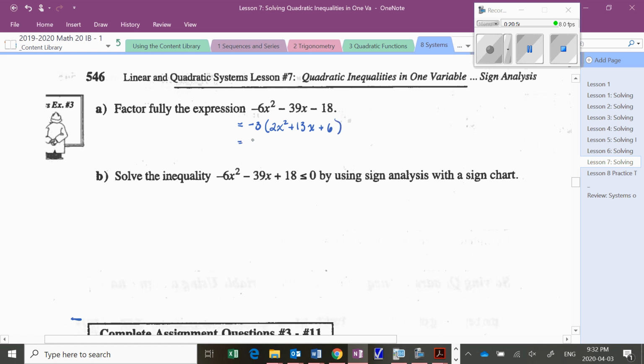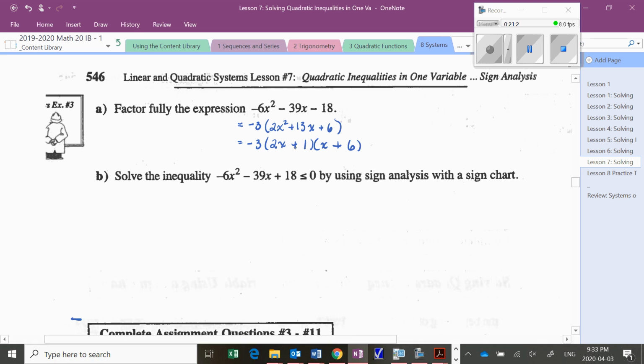And then continue to factor that, and I've got 2x and x, and let's go with 6 and 1. And those should both be positive. So double check my factoring just to make sure that all works out. Otherwise, we're going to end up in trouble.